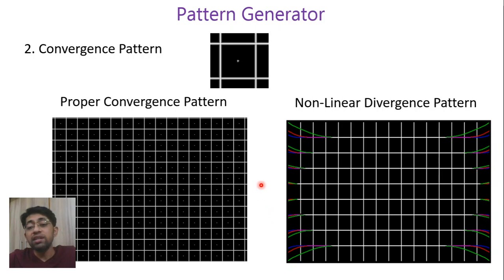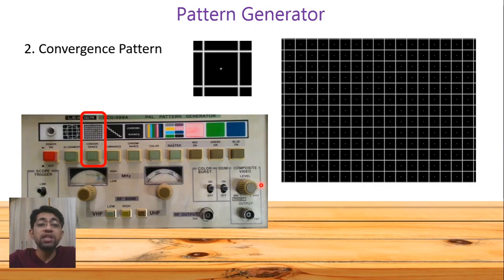So you can say that this convergence pattern is very useful for two cases: to check the convergence of the electron guns, and to check the linearity of the current which will flow through the horizontal deflection coil and vertical deflection coil. So this is the use of the convergence pattern.